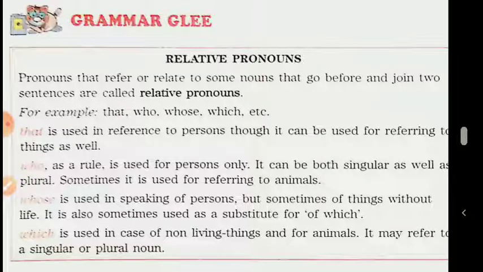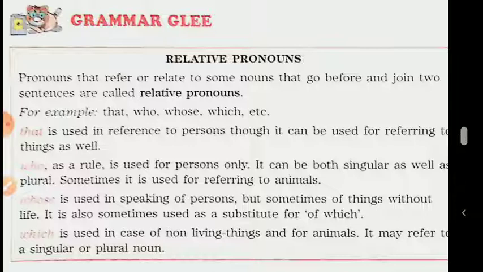A relative pronoun is a type of pronoun that often joins two sentences. But a relative pronoun is used to join two sentences, and it shows the relation with the noun used before it.